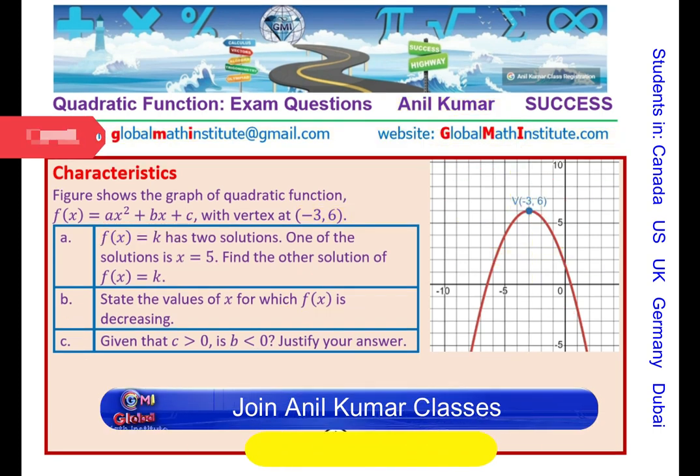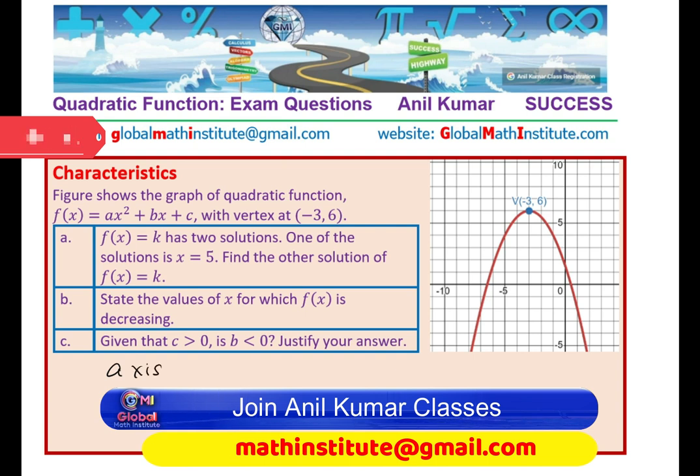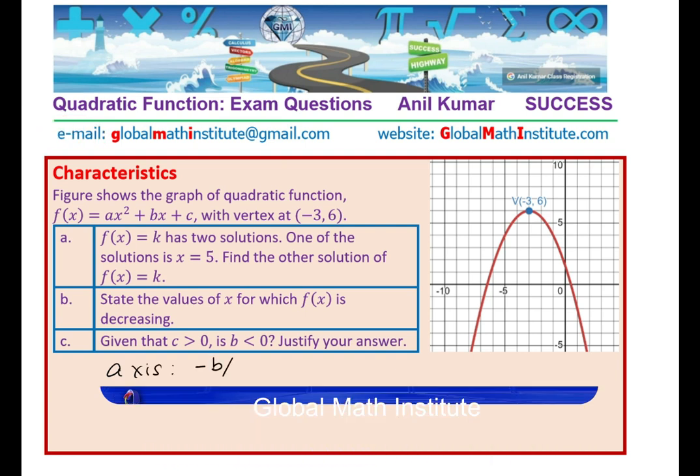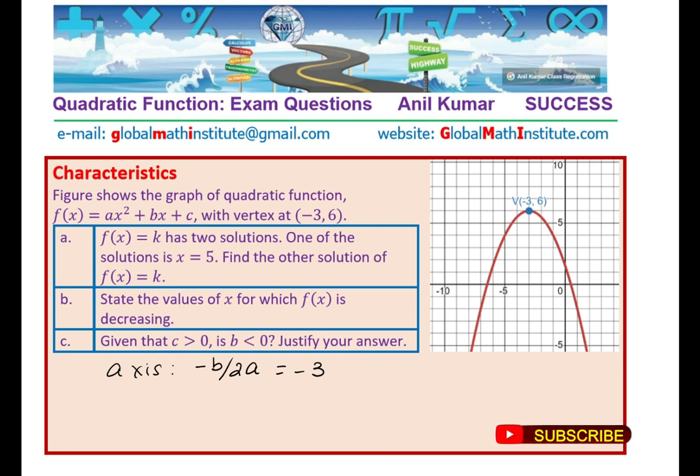So let's take it on a new page just to show you. What we have figured out here is that in this particular case, since the axis is at -b by 2a, and the axis is negative, as in this case, it is equal to -3, we can rewrite this as b equals 6a, which means the same sign as a.